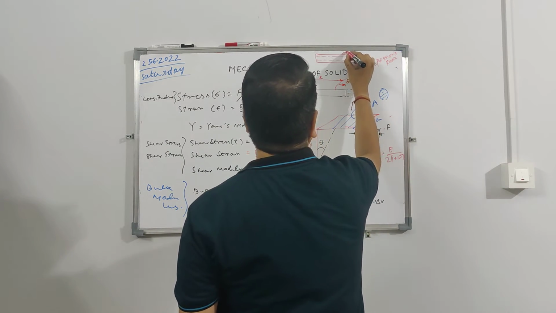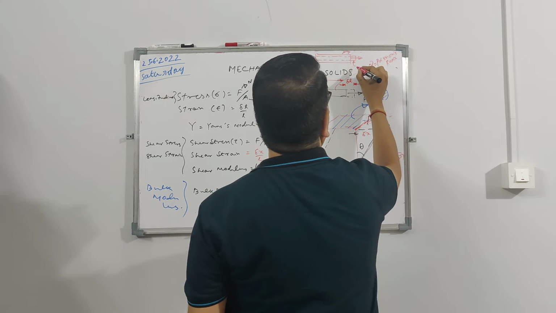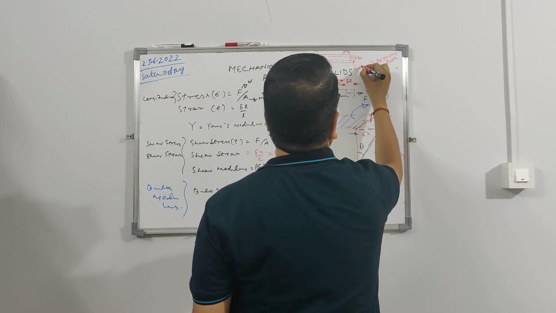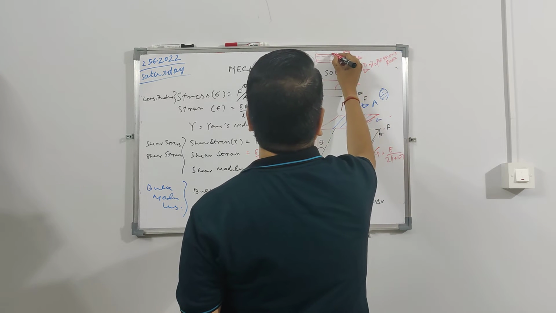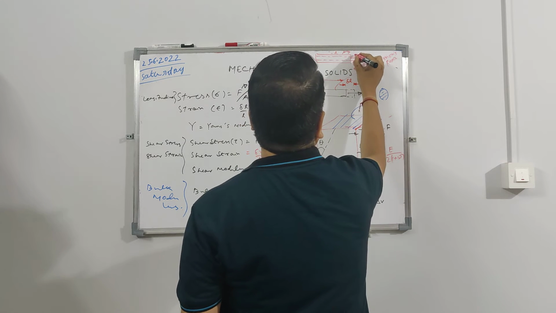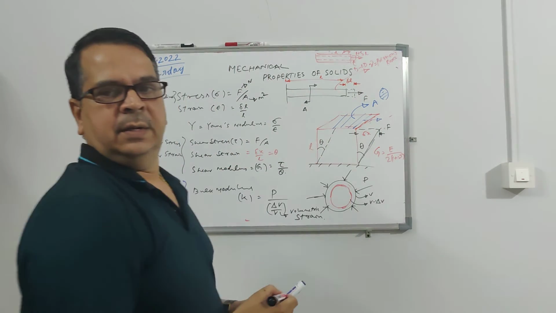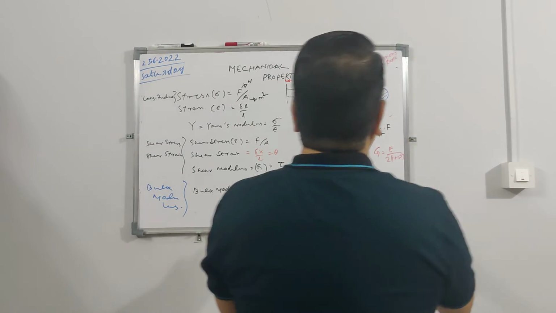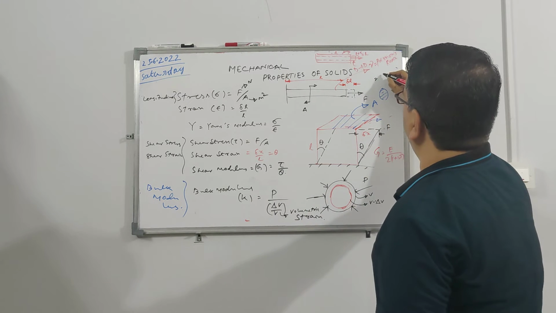Let us say the original diameter is d and the final diameter is d minus delta d. The original length is L, and the final length is L plus delta L.